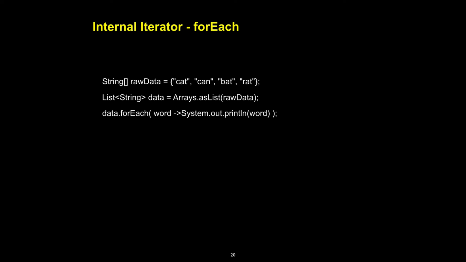Now this should partly answer one of the questions from last time. Once I have forEach on a collection, how do I print out all the elements? It's one line of code, right? If I want to write it to a file, it's basically the same line of code. I just change the lambda to write to a file.